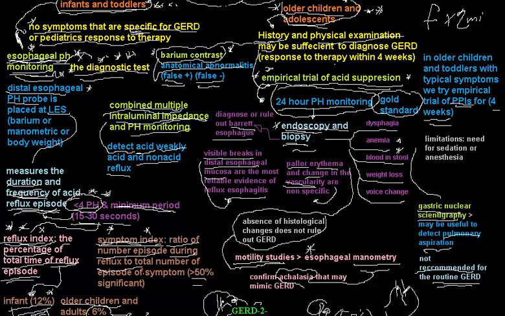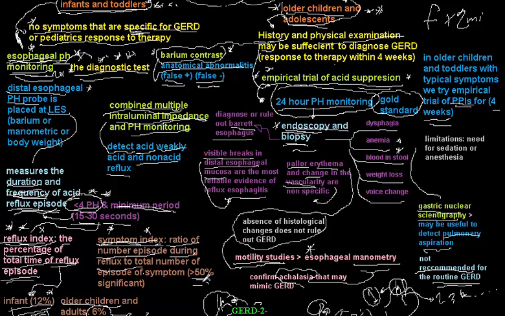If we have a reflux, and during this reflux we have a symptom, for example heartburn, this instrument will count it as the first time. If we have another episode of reflux and another episode of symptoms, it is the second time, and third time and fourth, and so on. So it measures the total time of having symptoms during the reflux attack.